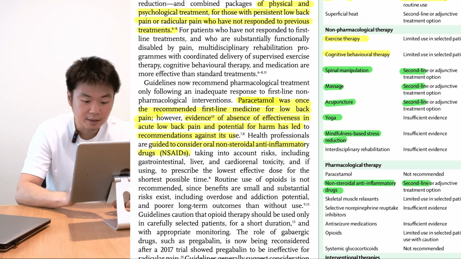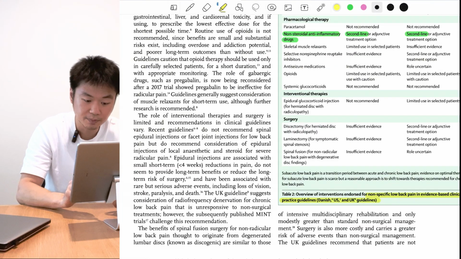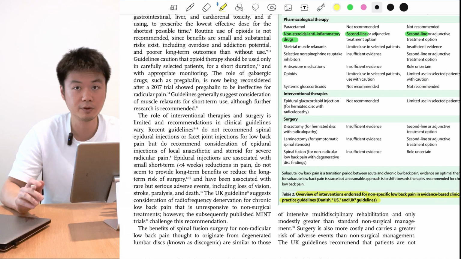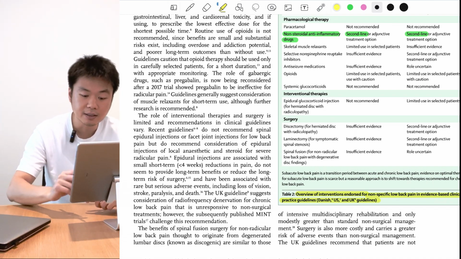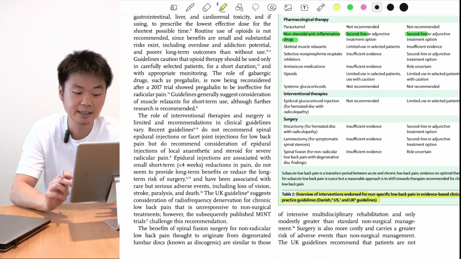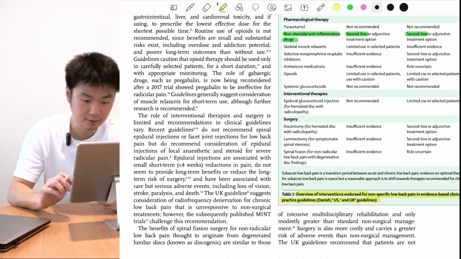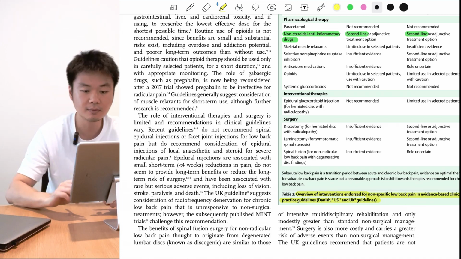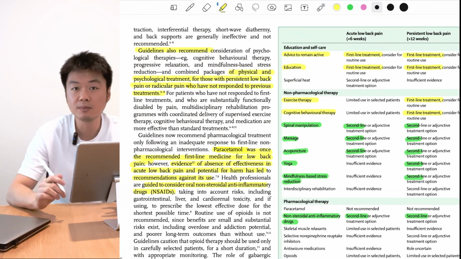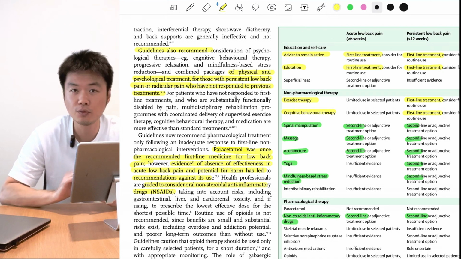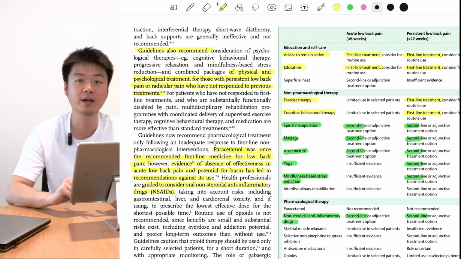So if you look at this, this is an overview of interventions endorsed for non-specific low back pain, meaning 90% of low back pain. It's based on evidence and clinical practice guidelines from the UK, US, and Denmark. So for people with low back pain or persistent low back pain, the first line is always to remain active, exercise, walk, general fitness whatsoever.